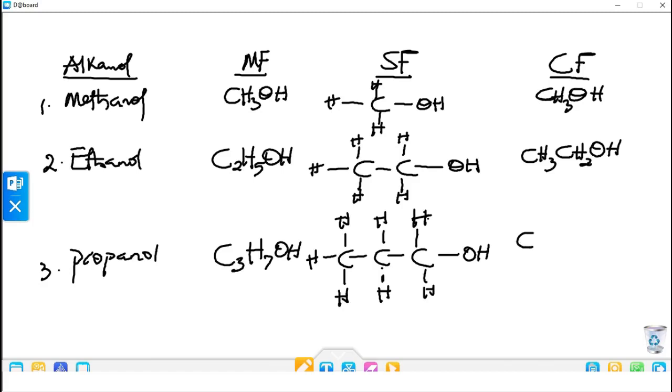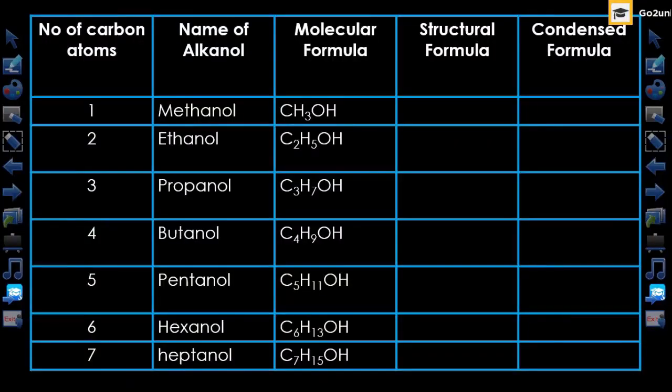The condensed formula will be CH3CH2CH2OH. This is the condensed formula for propanol. So we can go on and on to check for the structural and condensed formulae for butanol, pentanol, hexanol, heptanol, etc.